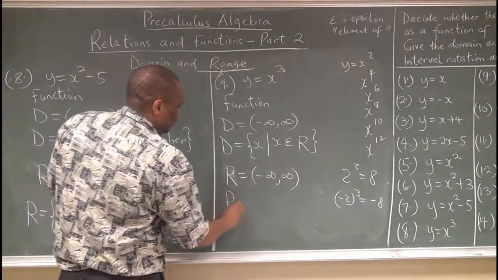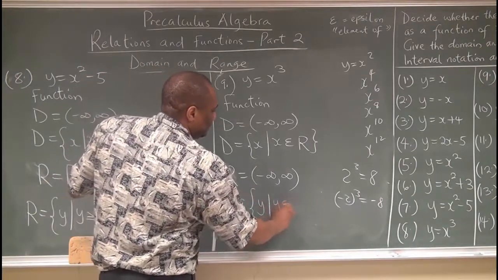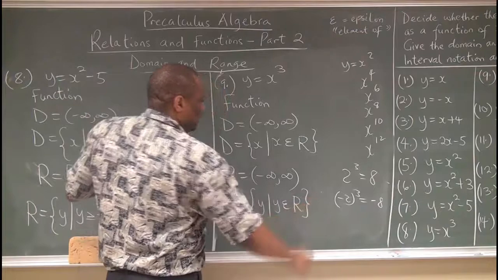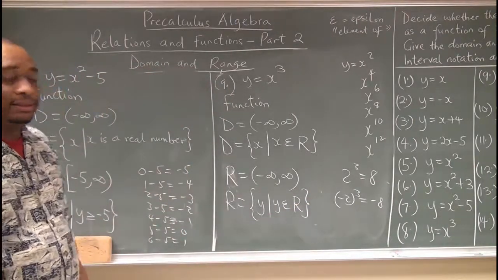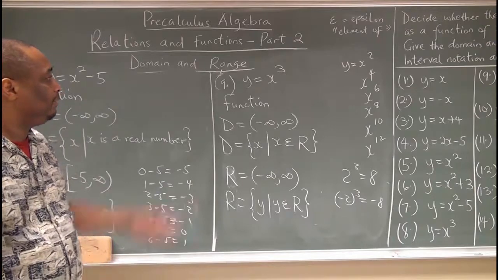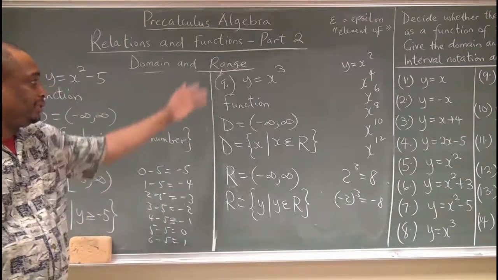Then the set notation will be the set of y such that y is also an element of the set of real numbers. That's the same thing for the cubic function.